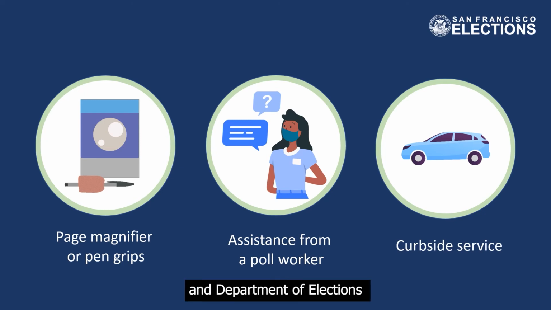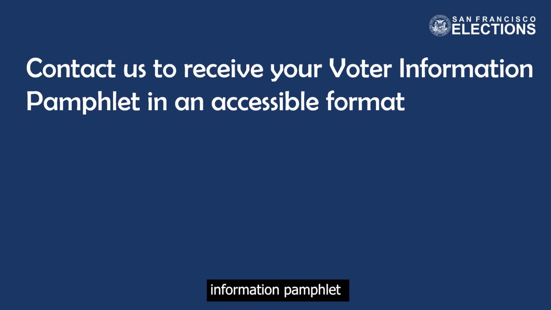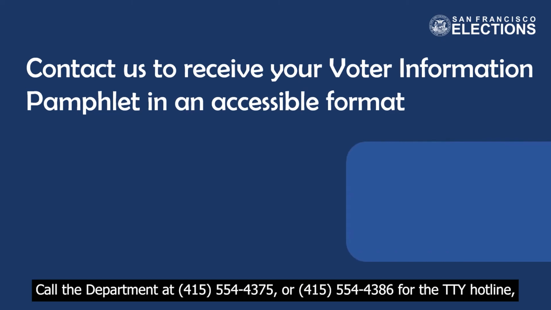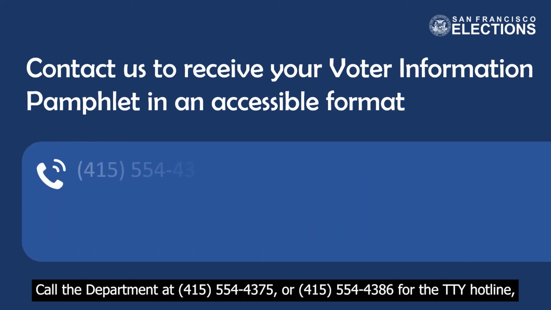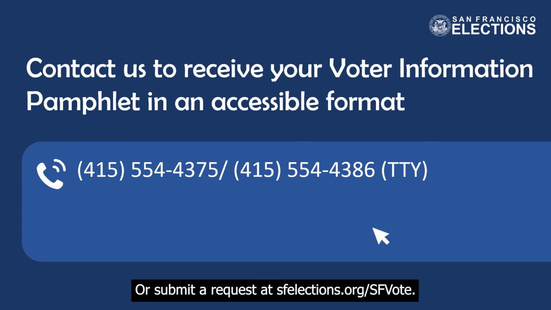Remember, poll workers and Department of Elections staff are always available to help. To receive your voter information pamphlet in an accessible format such as large print, CD, or thumb drive with MP3 audio, call the department at 415-554-4375 or 415-554-4386 for the TTY hotline, or submit a request at sfelections.org/sfvote.